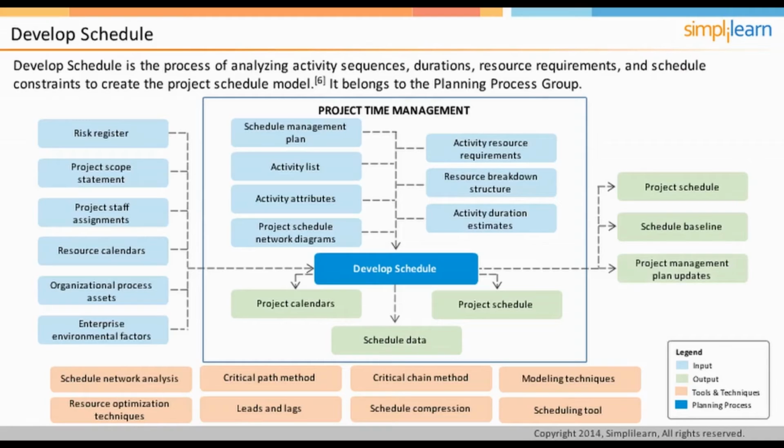Many of the other subsidiary plans of the project plan may get impacted, which may include cost management plan, scope management plan, risk management plan, etc. This may also result in other project documents being updated. In the next few screens, let us discuss schedule network analysis techniques.